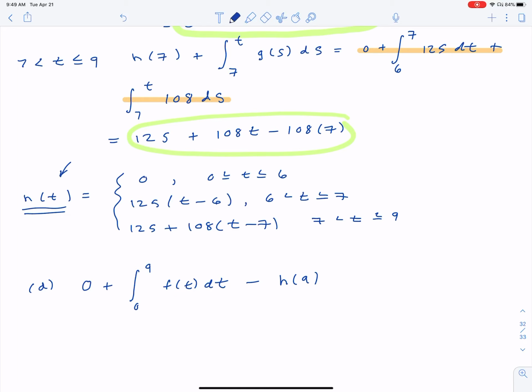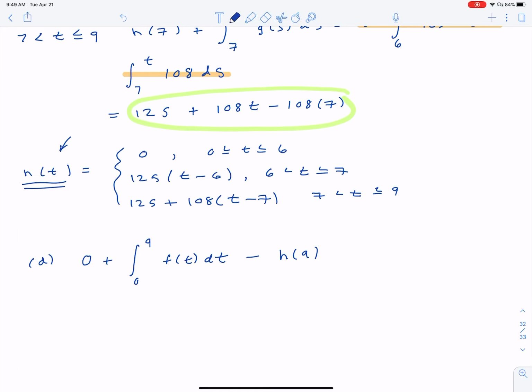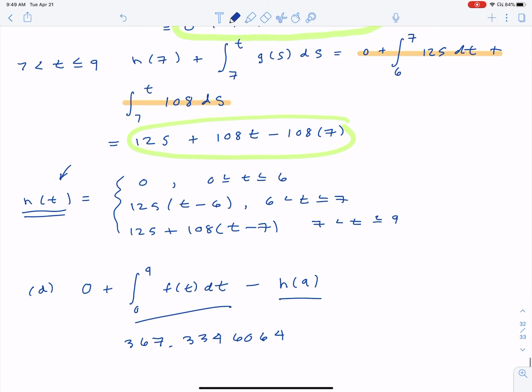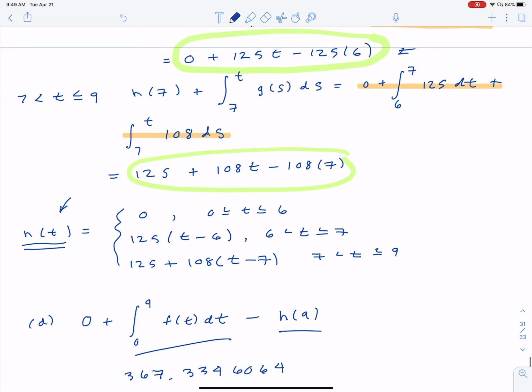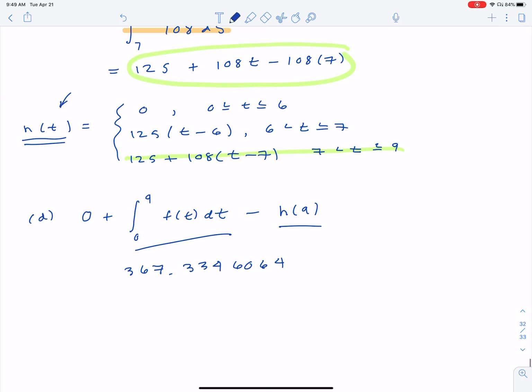From there, it's really just plugging some stuff into our calculators. This is something we can evaluate. What I came up with was 367.3346064 for f of t. And h of 9, I just evaluate this function right here at 9, and I'm going to subtract 341.